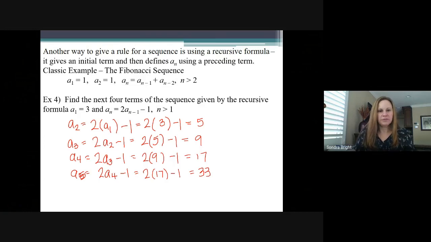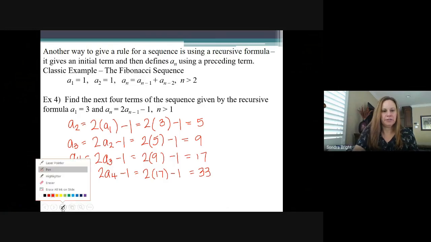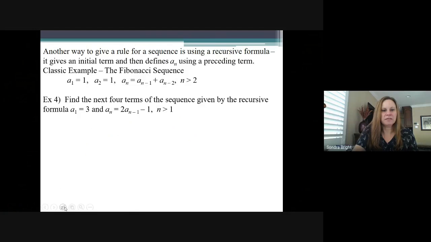All right, so for some reason I didn't show that work on the PowerPoint. I went straight to, here you go, here's the numbers, but that's how we're gonna get them. I'm gonna erase all of this, and back. And so that's where we get 5, 9, 17, and 33.